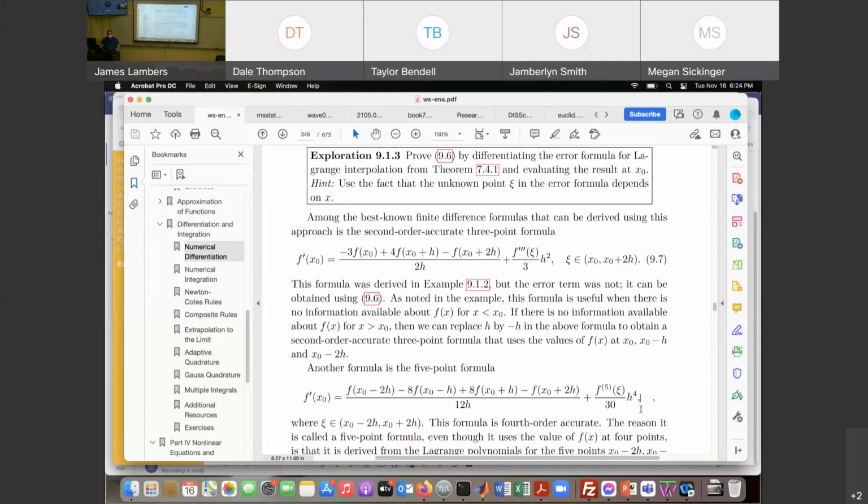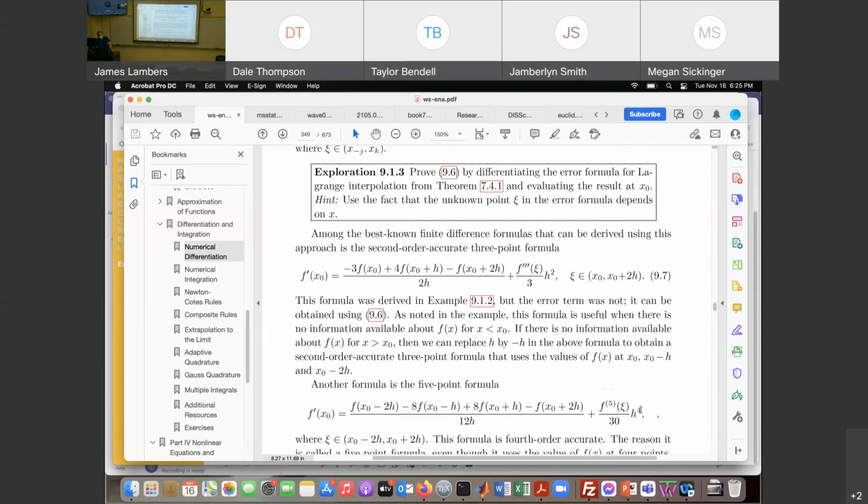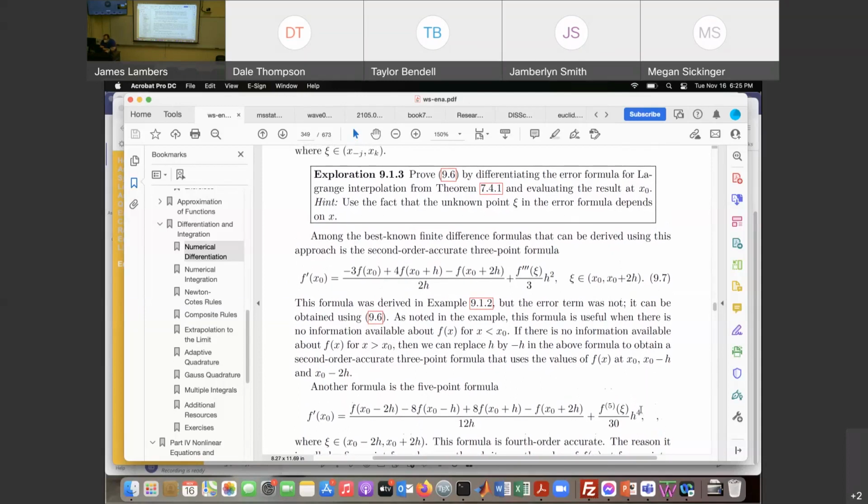Yeah, in fact, it should not be dependent on it. It'd be incorrect if it was. That helps. Thank you.